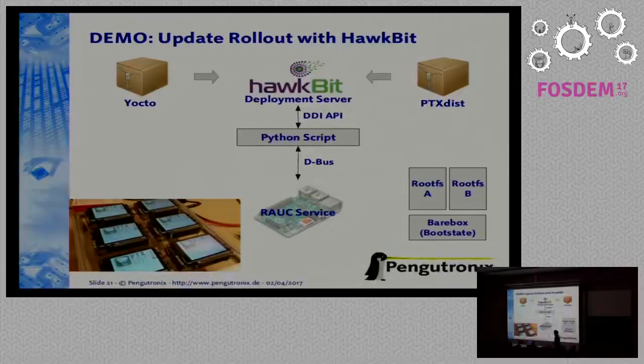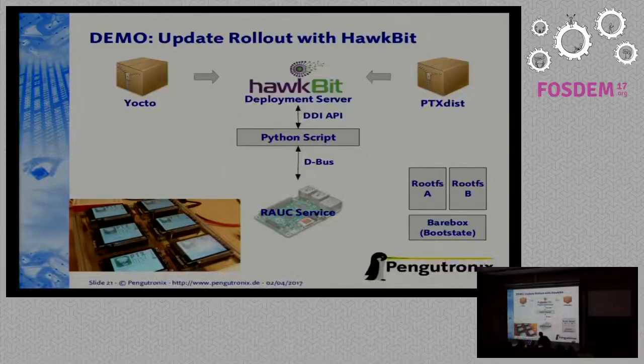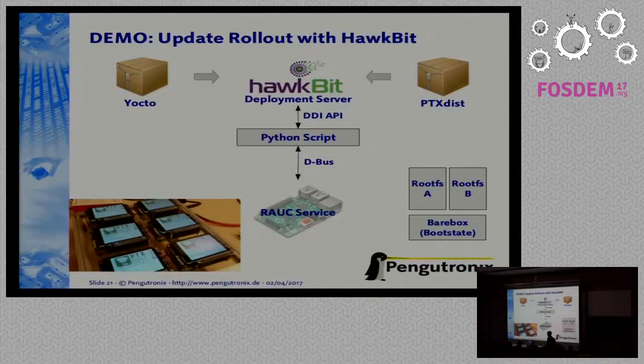The demo should now show that I deploy a Yocto update on these devices. This is what I wanted to show here. But I think the setup was not entirely finished because of the irritation in the beginning of the talk. So if you want to see the demo working, maybe you would like to join me after the talk. I will try it in a few minutes.